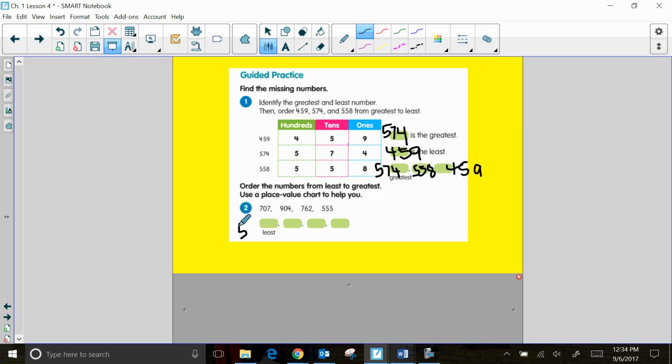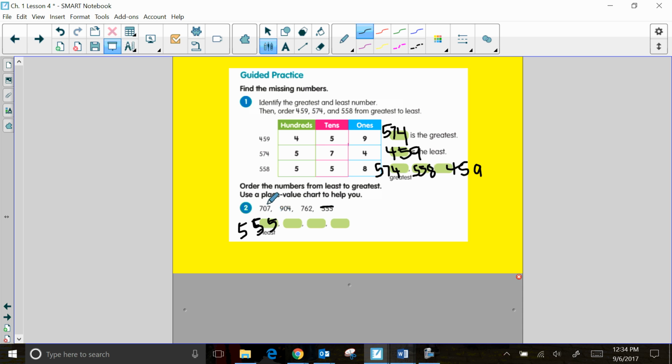Because I'm having a hard time writing with my marker, I'm just going to start a little further out. And I'm actually going to just give this, oops, wrong number. 555, and I'm going to cross off 555 over here.